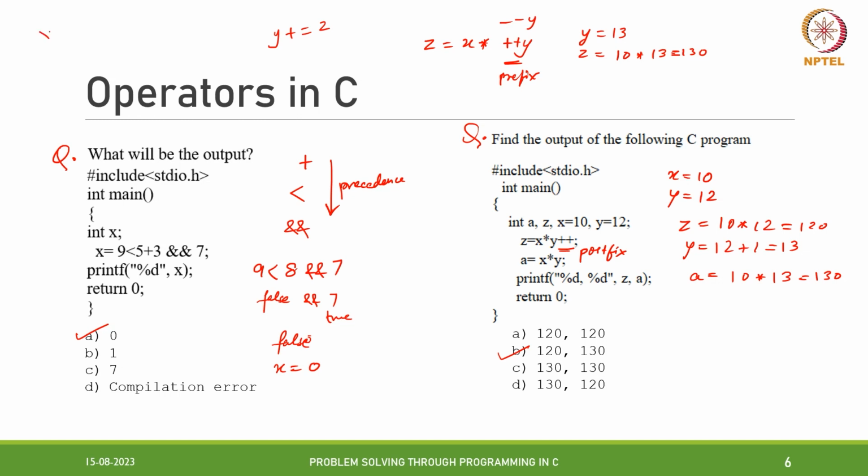So if I put x equal to not of this entire thing, and finally you got the value false, that will just reverse to true, and you will get x equal to 1.